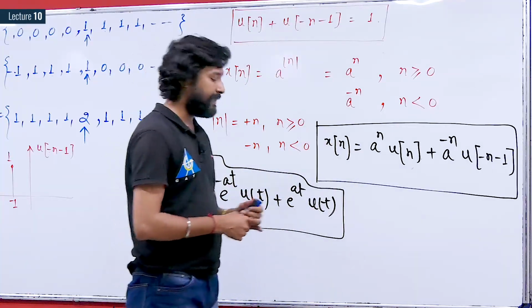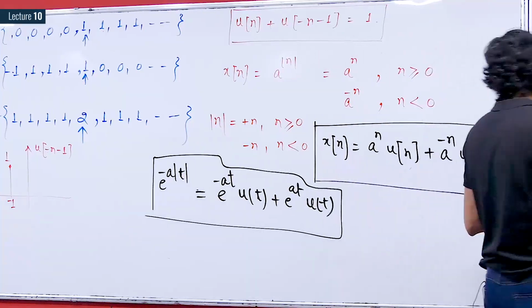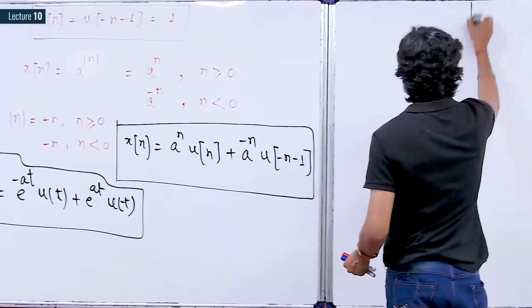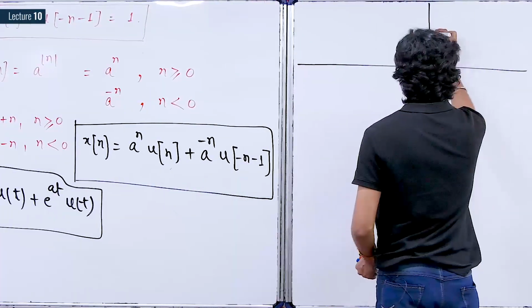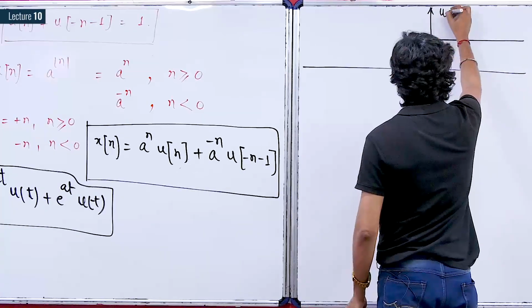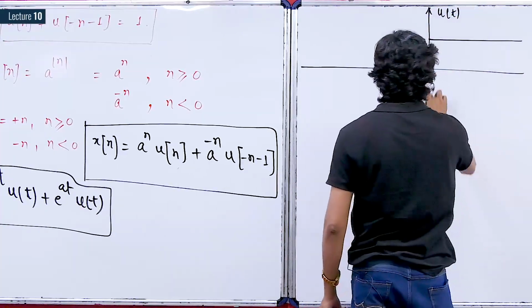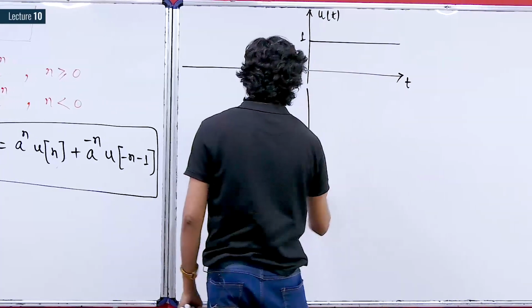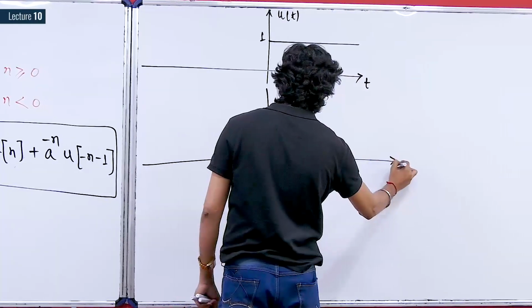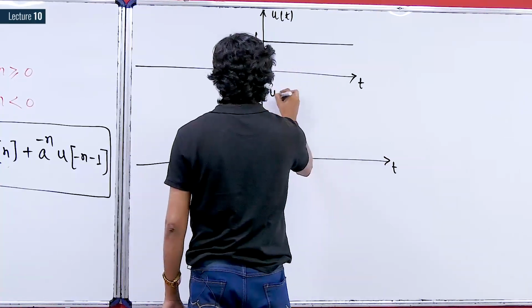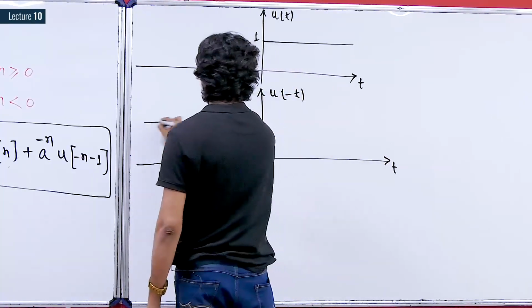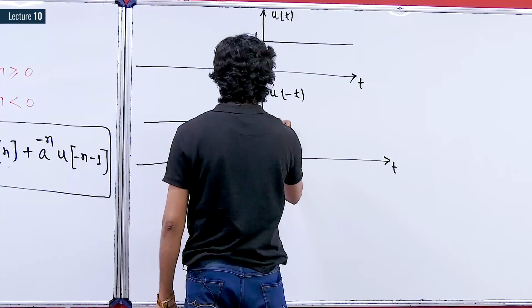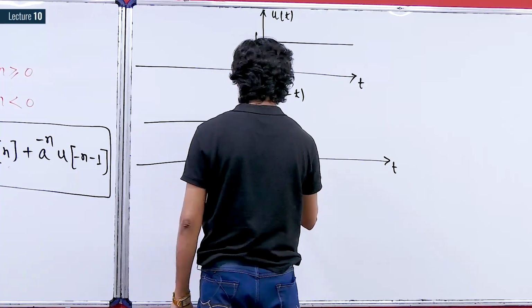Now we are going to discuss the function u of t, having value 1 for t greater than 0, and the function u of minus t, having value 1 only before t equals 0.